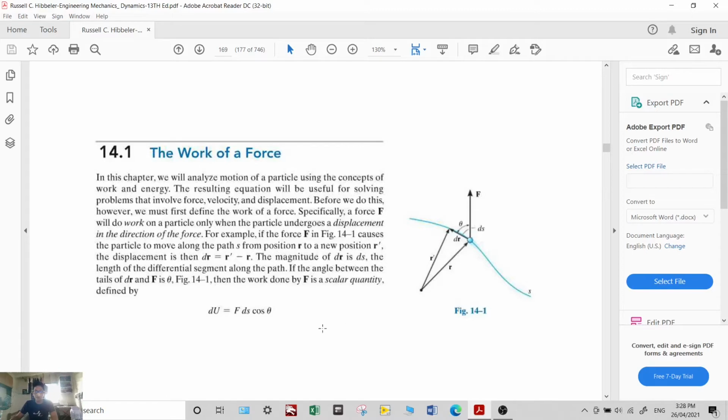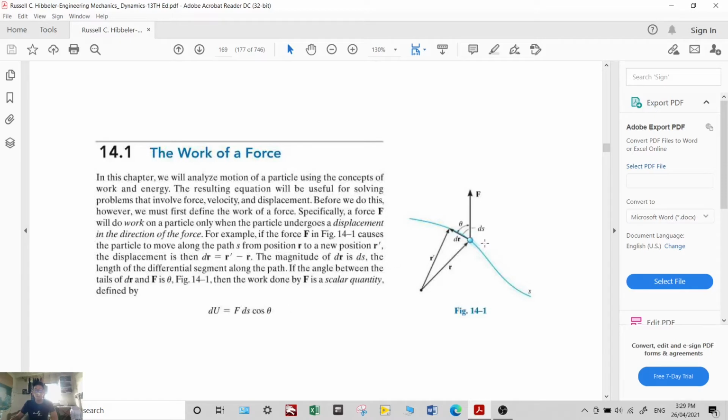Okay, so if we are now going to get the work that is done by the force F on the particle, this is just equal to dU, which is the symbol for work, or U rather, is just equal to F multiplied by ds cosine theta.